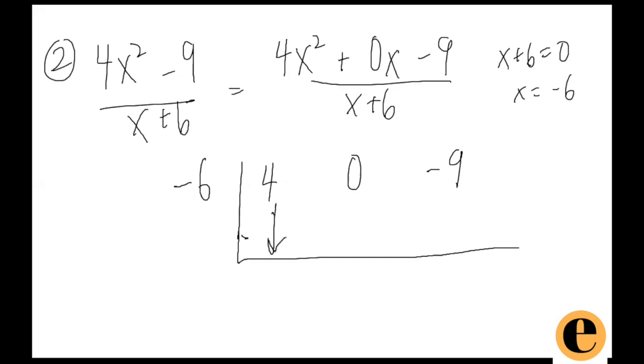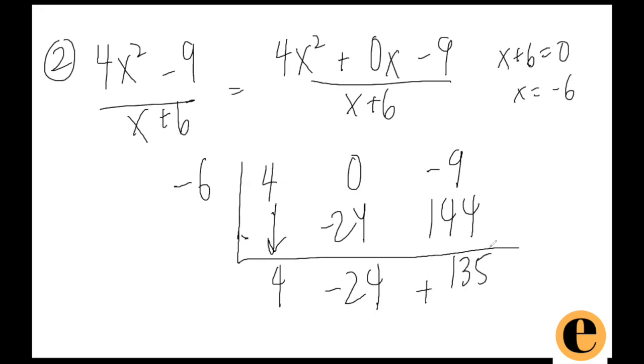First term, ibababa lang. So this is 4. 4 times negative 6, that's equal to negative 24. Add mo sila, negative 24. Negative 24 times negative 6, that's equal to 144. Okay? Negative 9 plus 144, that's equal to 135.